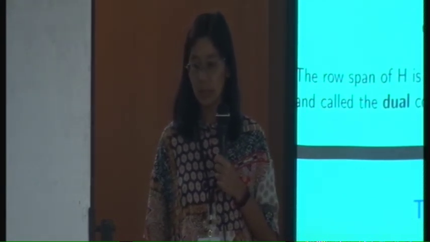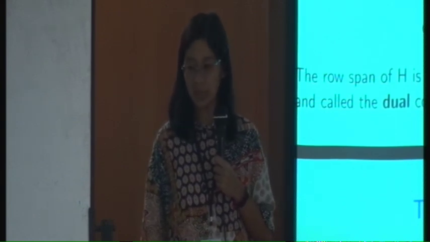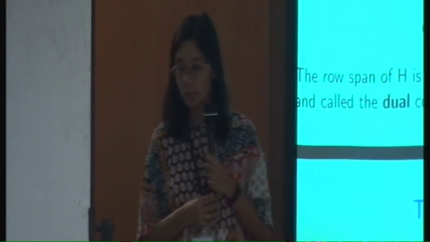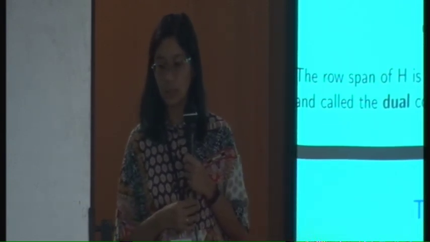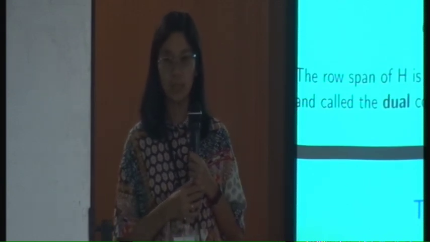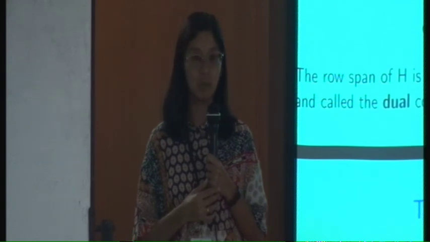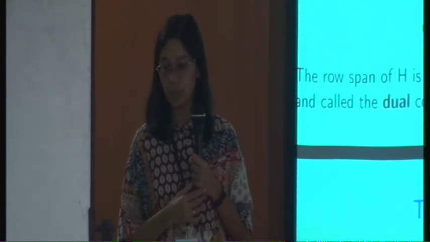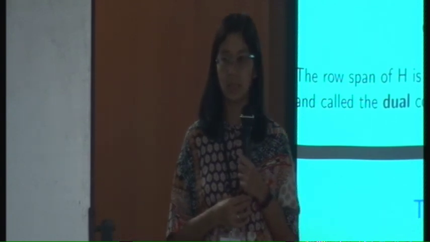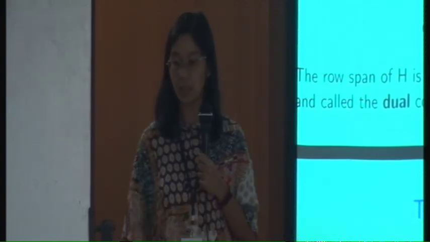The code is specified by a basis of the space, a matrix G of size k by n with rows these vectors, called a generator matrix. So the code C is all codewords uG, where u is a vector in Fq^k.